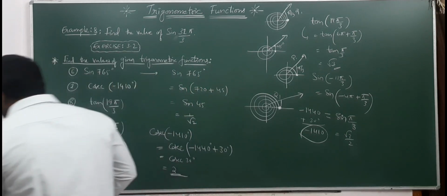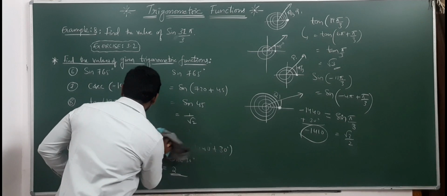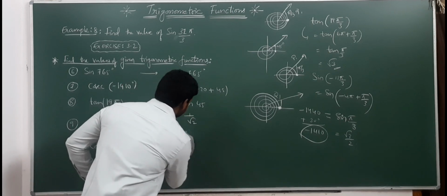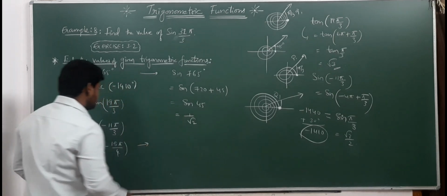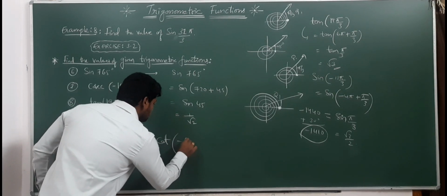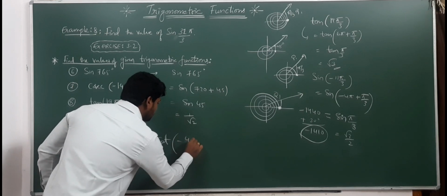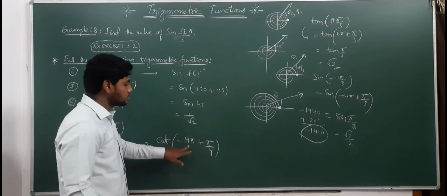Now, when it comes to the last question, which is cot of minus 15 pi by 4. I will write it as minus 4 pi plus pi by 4. Observe, 4 into 4, 16.